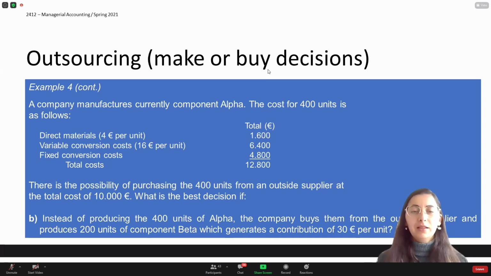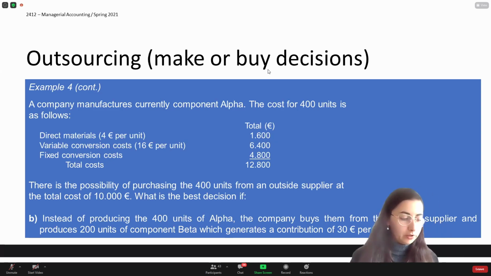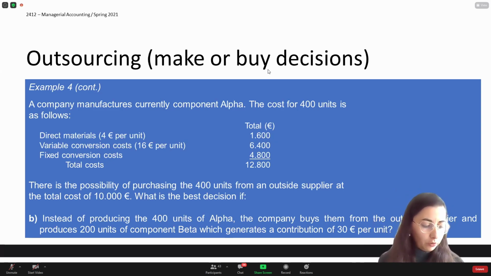So that will be minus because it's a contribution. So it will be a minus cost. And therefore, if we do this, we will have a total of costs minus the contribution of 8,800, which we will compare with the 12,800.